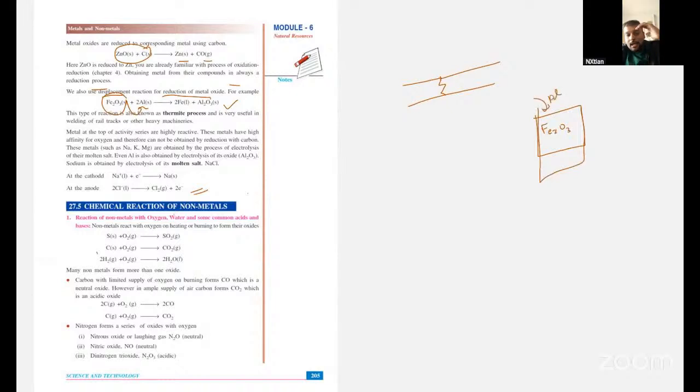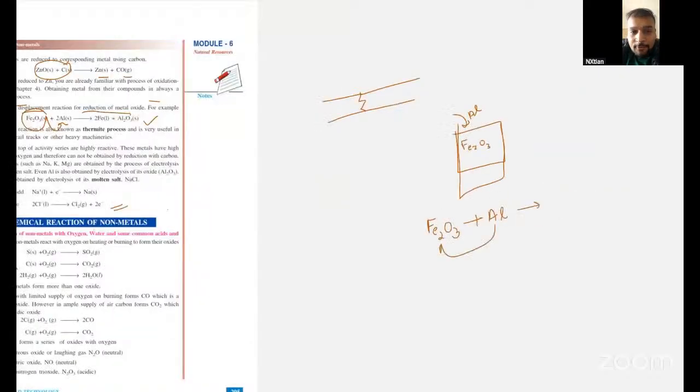Now aluminium comes above iron in the reactivity series, so aluminium will displace iron from its compound Fe2O3, making Al2O3, which is ash, plus Fe, iron, which will be placed in the crack. This is called the thermite reaction. Now what is the thermite reaction? It is a reaction in which iron railway tracks are fixed.